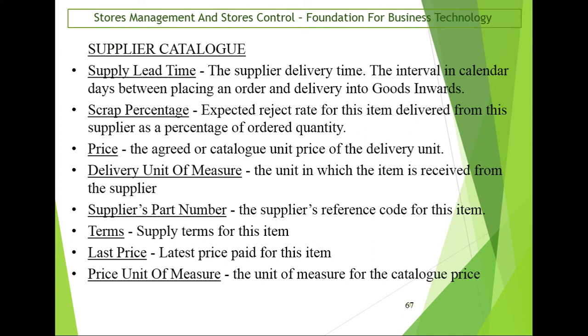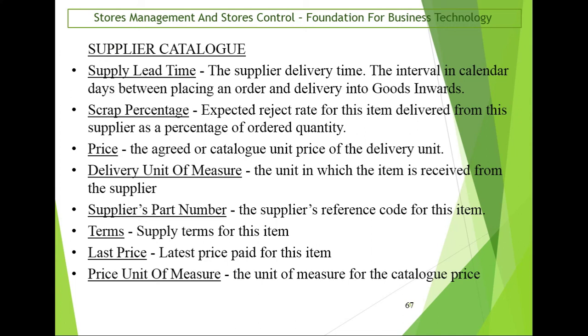We can also specify scrap percentage for the supplier. So this is the expected reject rate for this particular item. That is when it is delivered from the supplier. There are certain suppliers that you know, if they are delivering light bulbs, you can be sure to find 5 out of 100 which are broken because of the way they handle their things.